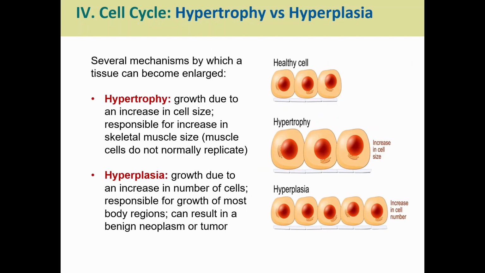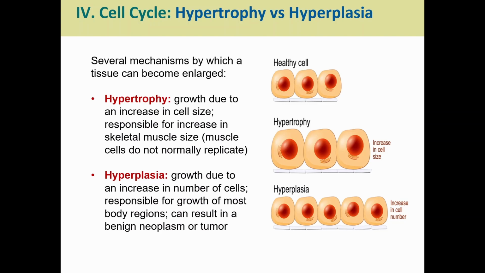Now, sometimes tissue can become enlarged because of changes in the cell cycle. So sometimes it's hypertrophy. This is because the cells have become bigger. We see this when someone gains muscle mass. If someone's muscles get bigger, muscle cells don't really replicate the way we've been talking about.